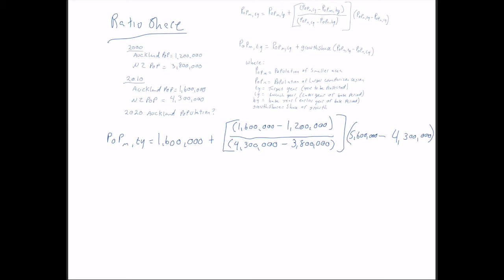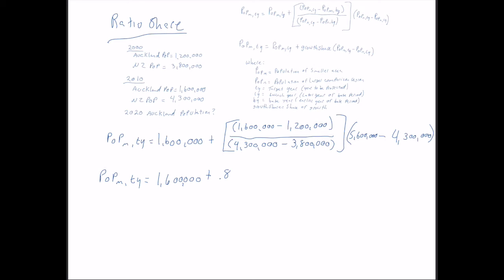Okay, so we just need to do a little bit of arithmetic to get the final numbers ready, to add together and multiply to get our Auckland population in 2020. So we keep on the left-hand side, again, the population of the target year of Auckland, and that's equal to 1.6 million, which is the 2010 population of Auckland. And we add to that 0.8, and that's the growth share.